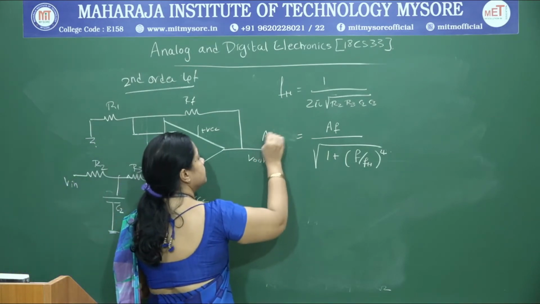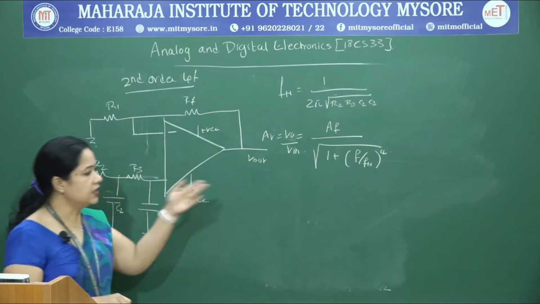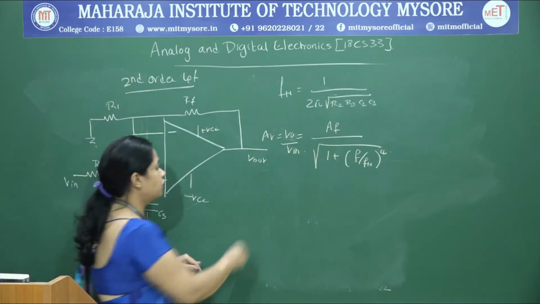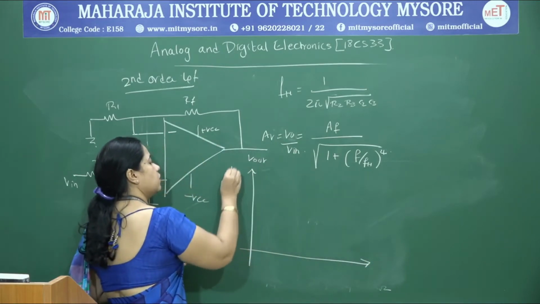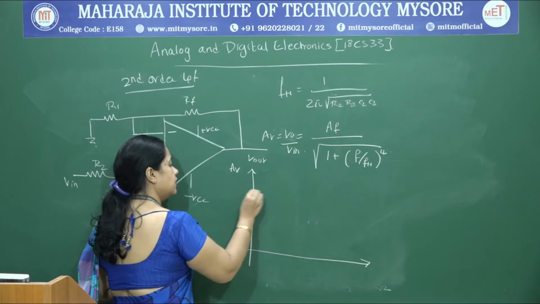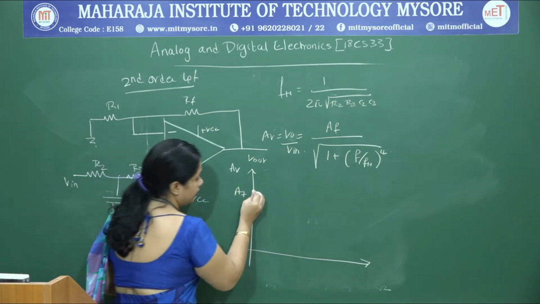Voltage gain AV is V naught by V. As a result, you will observe a roll down factor. If you see the frequency response, this is your gain and the maximum gain is AF.